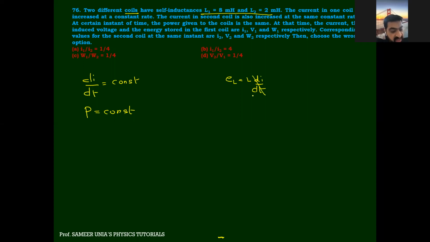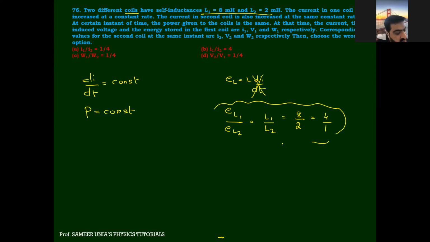But I know that di by dt is constant. The EMF induced in loop 1 to EMF induced in L2 will be proportional to L1 is to L2. What is L1 given? 8 by 2. It will become 4 is to 1. This is the first answer. So E1 by E2 has to be 4 is to 1. So V2 by V1 is 1 is to 4.